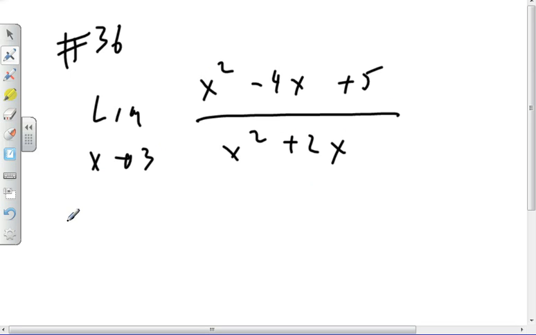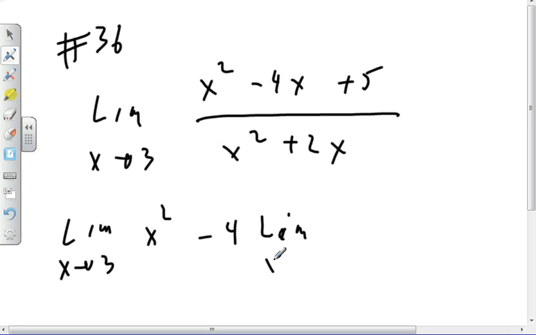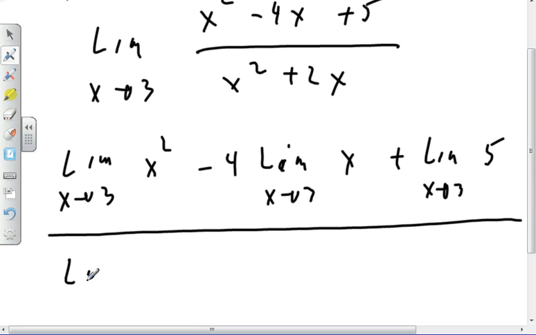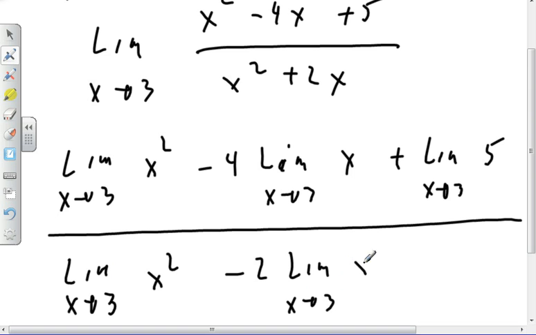All right, so I'm going to go limit as x goes to 3 of x squared minus 4, limit as x goes to 3 of x plus limit as x goes to 3 of 5, divided by limit as x goes to 3 of x squared plus 2 times the limit as x goes to 3 of x.